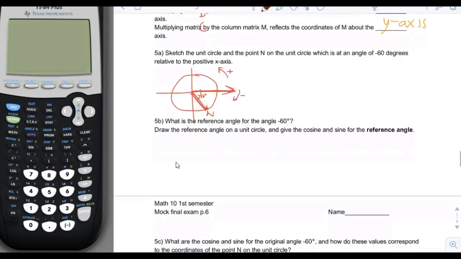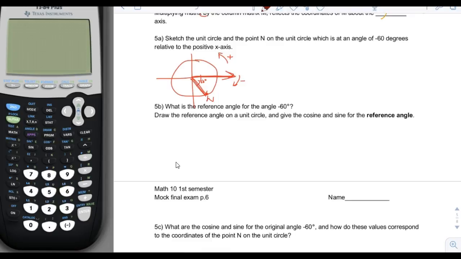Okay. What is the reference angle for the angle -60? Okay, remember reference angles? Reference angles are angles between 0 and 90 degrees, and they measure between the line of the angle to the closest x-axis.